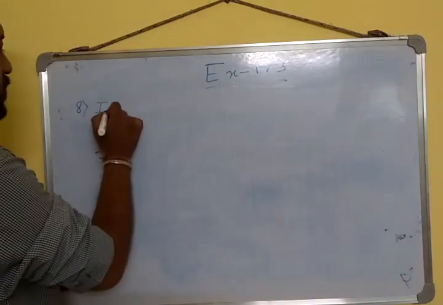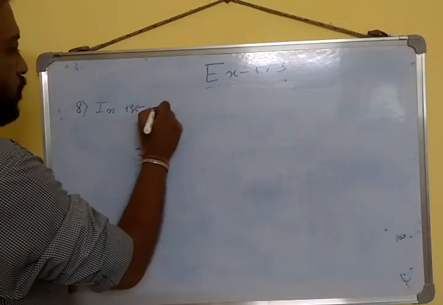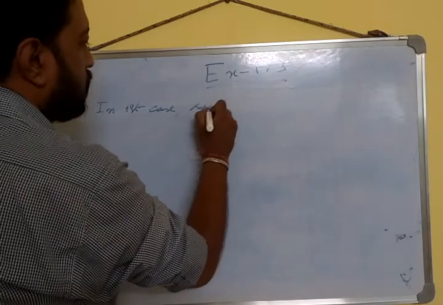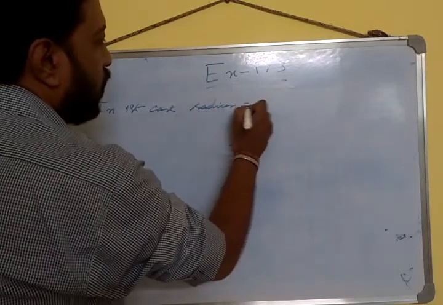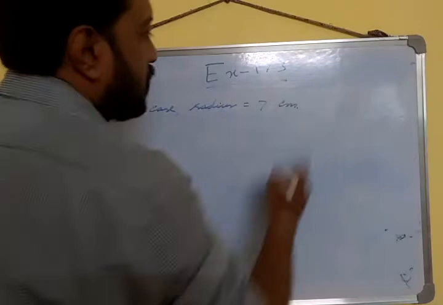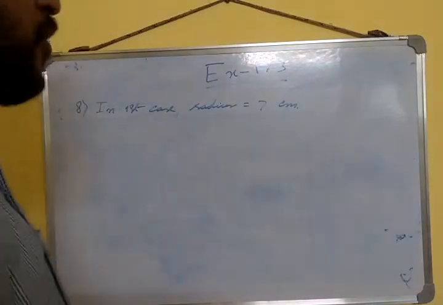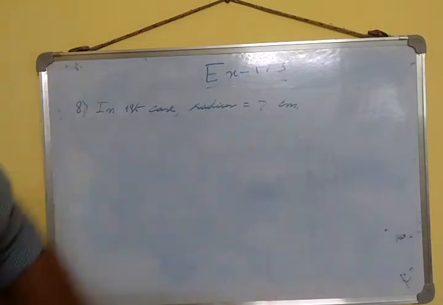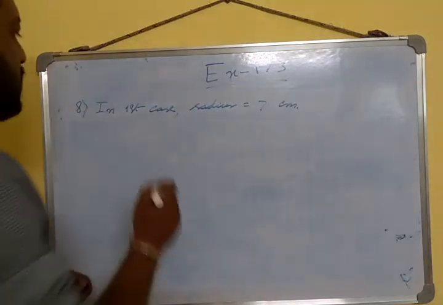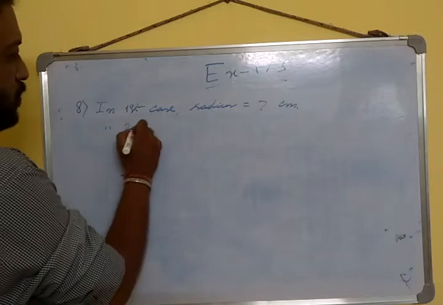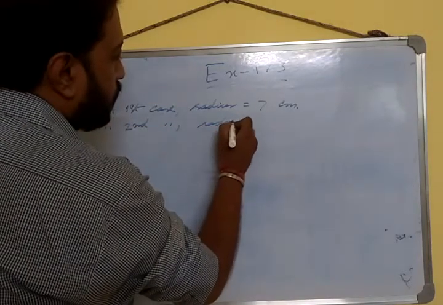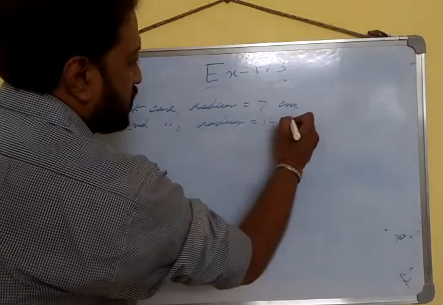In first case, radius equal to 7 centimeter. In first case, before giving the air inside the balloon, the radius is 7 centimeter. And in the second case, the radius will be 14 centimeter.